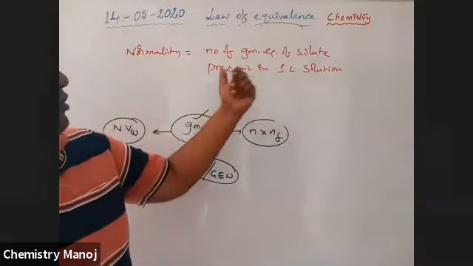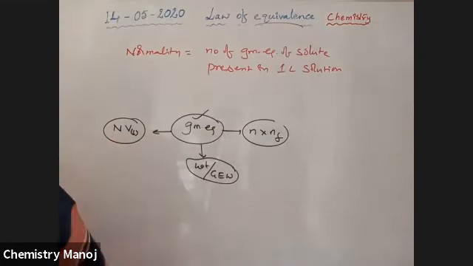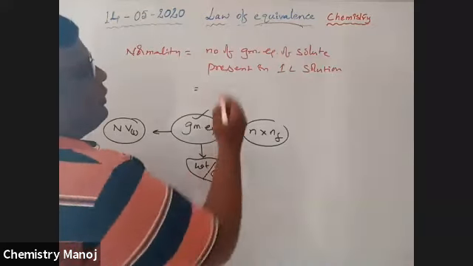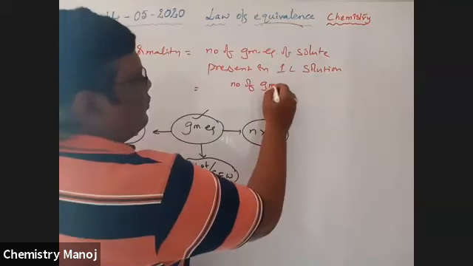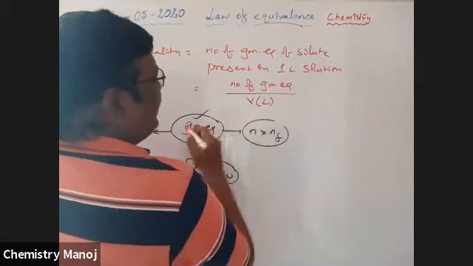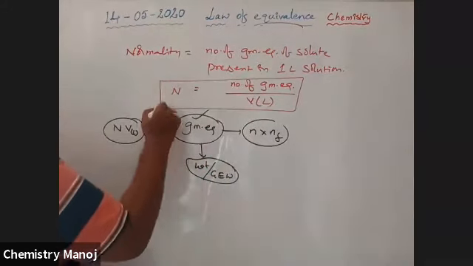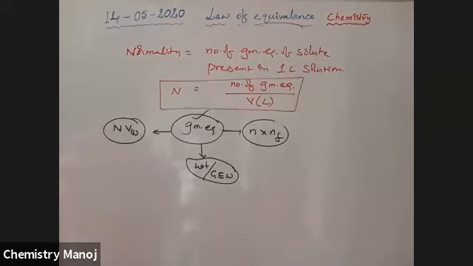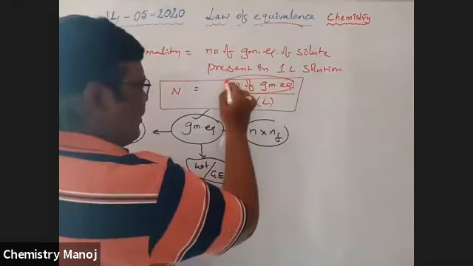Number of gram equivalents of solute present in 1 liter of solution. Okay, so that is equal to number of gram equivalents by volume of the solution in liters. It is the standard normality formula. So the number of gram equivalents is our topic.